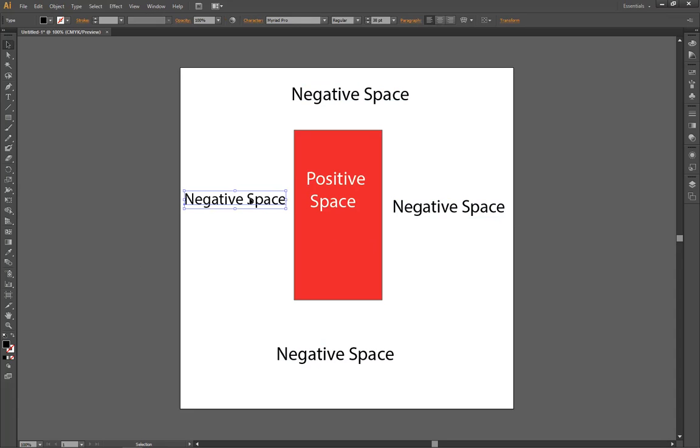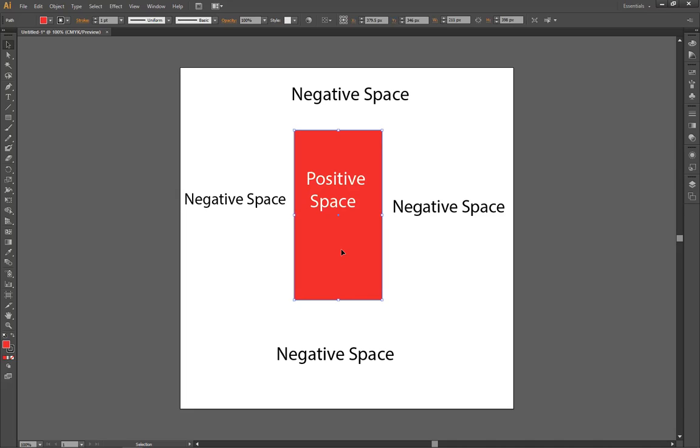We call it negative space simply because it is not part of the main focus. When somebody is looking at this entire piece of page, somebody's main focus is always at that red shape that we are seeing there.